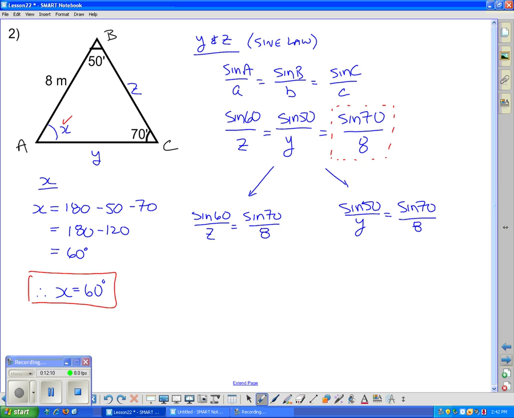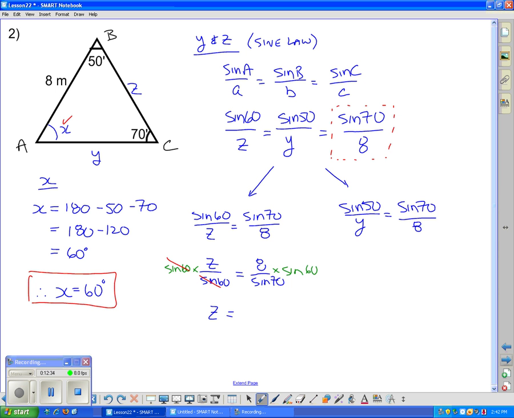So from that, we just need to solve. Unknowns on the bottom, so I'm going to flip the fraction on both sides to make life a little bit easier. And now I'm going to multiply both sides by that denominator. What that does, inverse operation, so Z will equal 8 times sine 60.